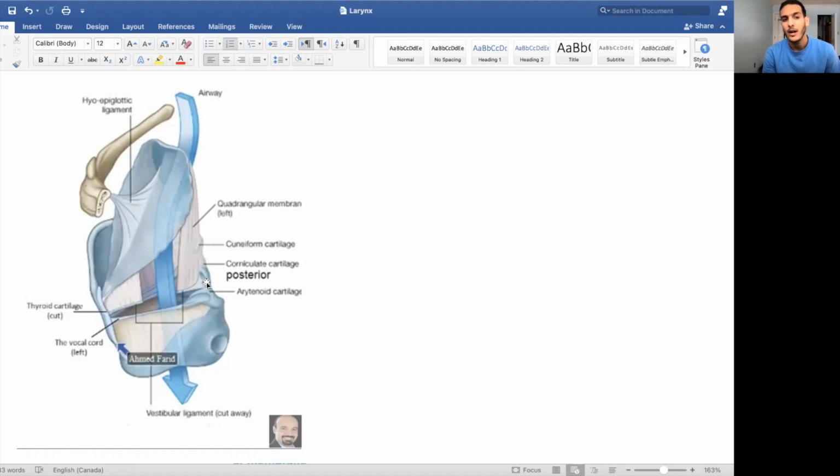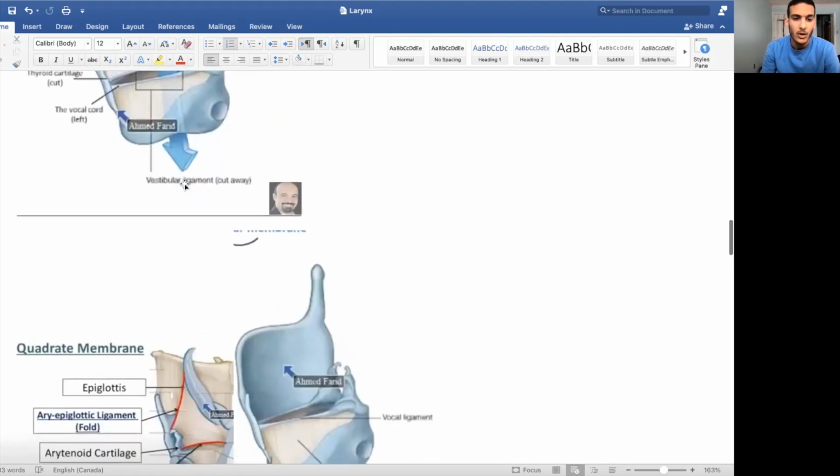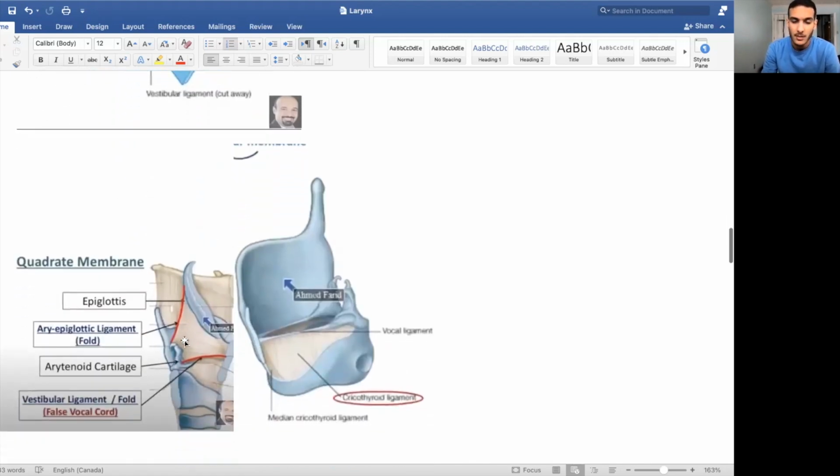And then finally, we have the epiglottic fold between the arytenoid cartilage and the epiglottis. Okay, that's for the quadrate membrane. If you don't really get it yet, you just look at more images and you will understand how the quadrate membrane looks like. But this image can do its job.